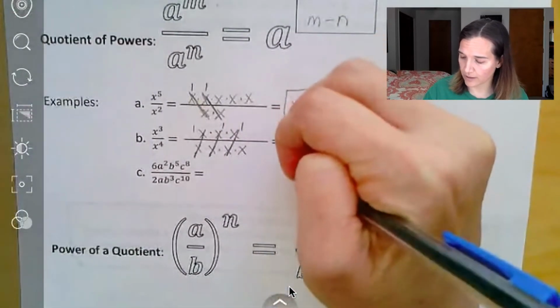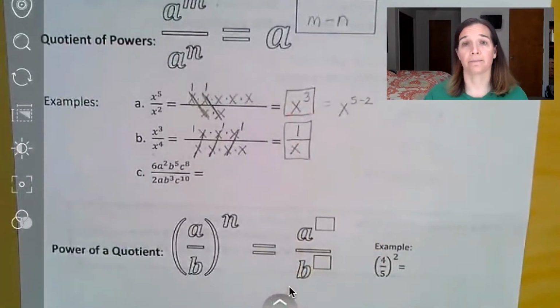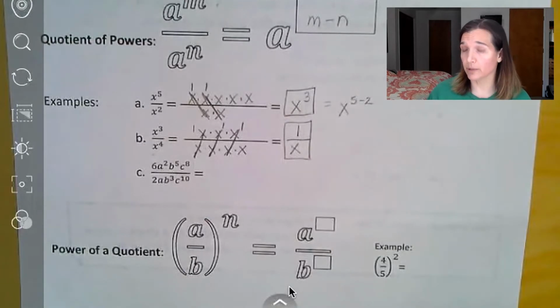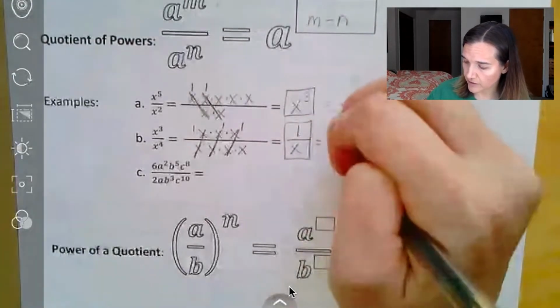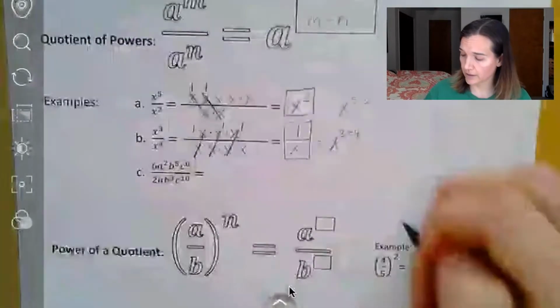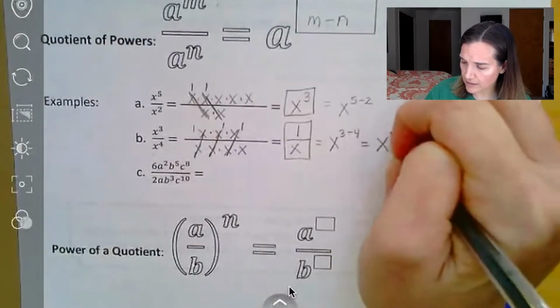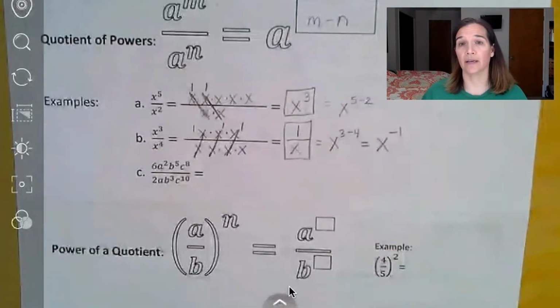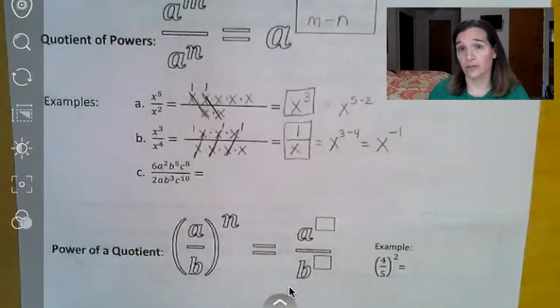Wow, 1 over x. And another way to look at that is if we use the formula we had, we'd have x to the 3 minus 4th power. And when we do that, we get x to the negative 1st power. However, you cannot have negative exponents as a final answer. You always have to change it to its positive.